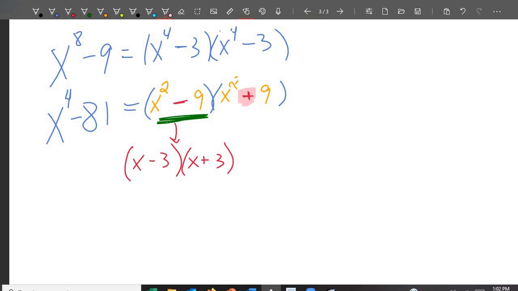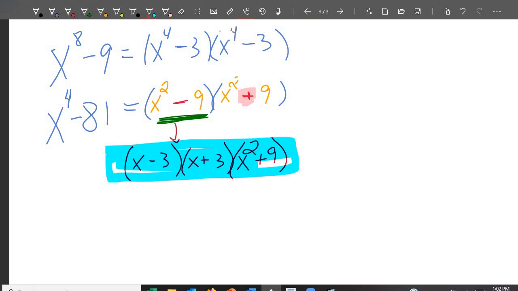If you've got a plus sign, that's not a difference of 2 squares. Difference means minus. So the only thing I can do is just bring that parentheses down. This is the final answer. I was able to do it twice.